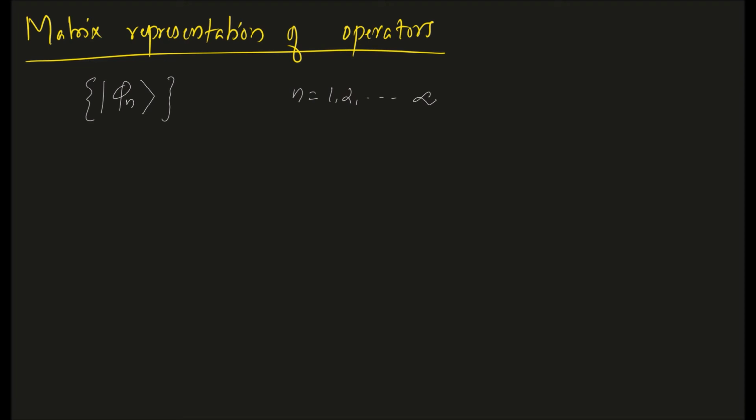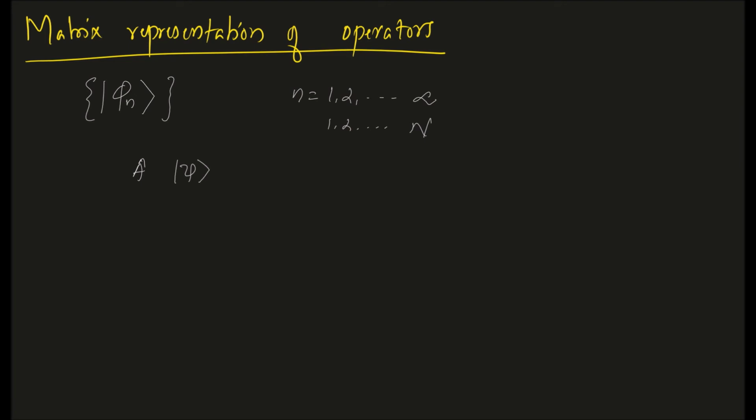Now for simplicity, let's assume that this n is finite. That means let's say it is finite up to some maximum number.